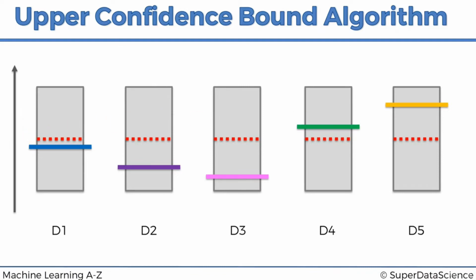So basically, the first couple of rounds are going to be trial runs. We're going to intentionally try out the machines at least one time each in order to place this value here and come up with a confidence band, which is going to be very large at the very start.